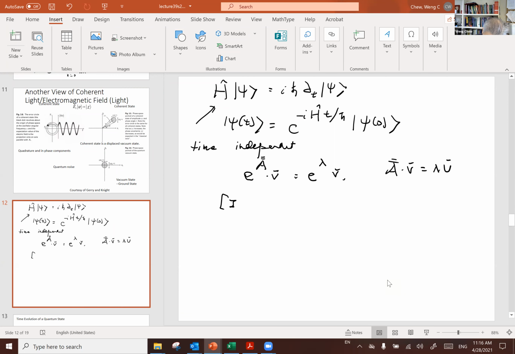The left-hand side is just 1 plus A plus A squared over 2. I think I'm correct, yeah.